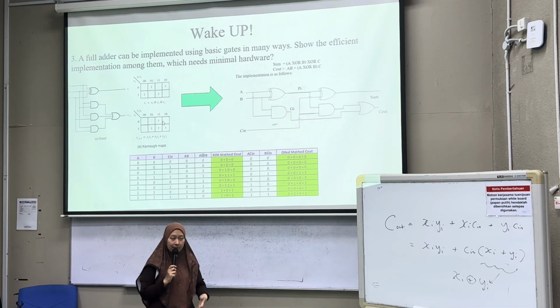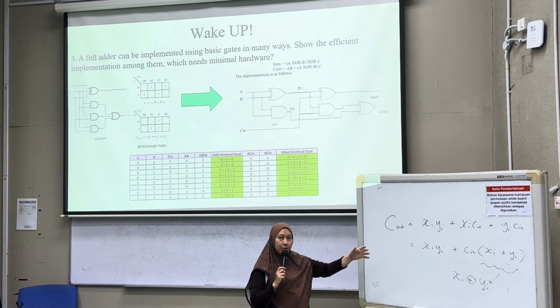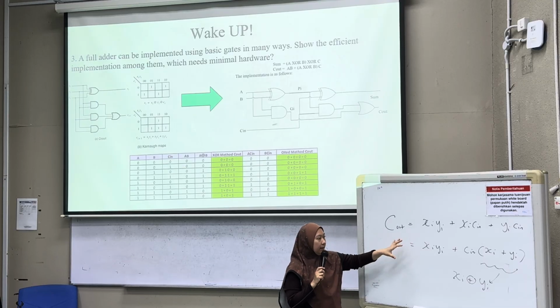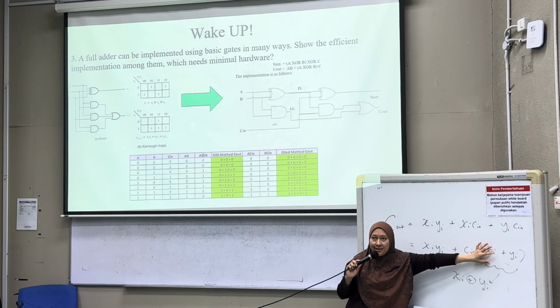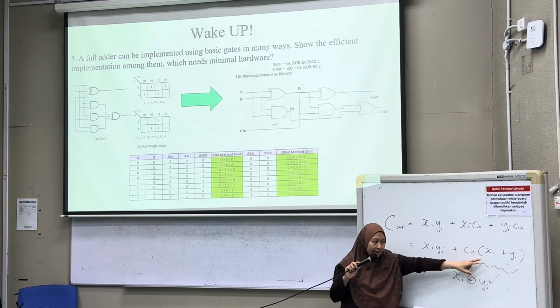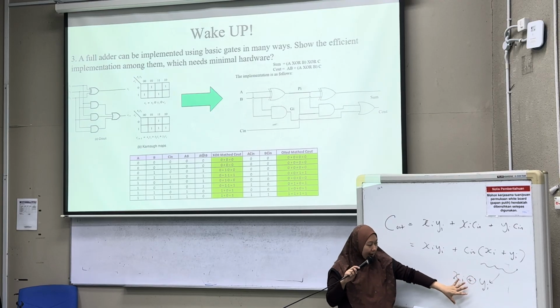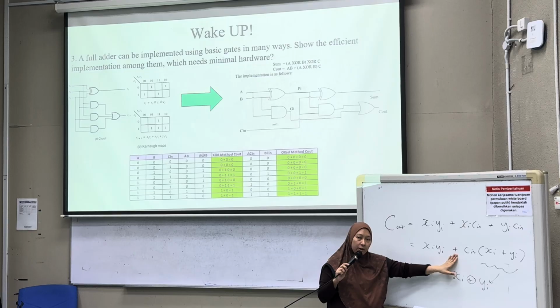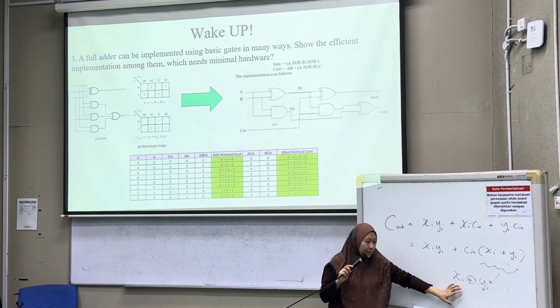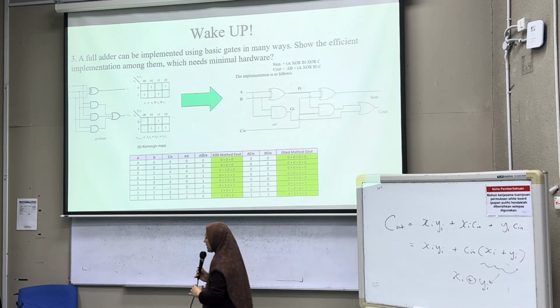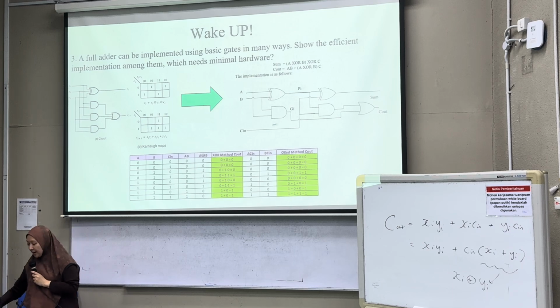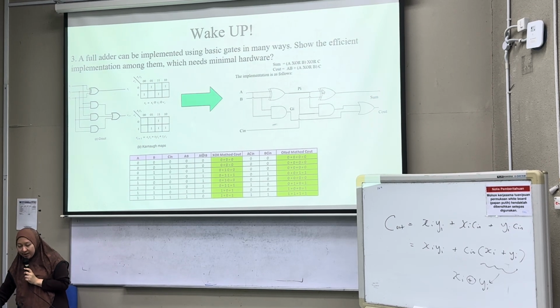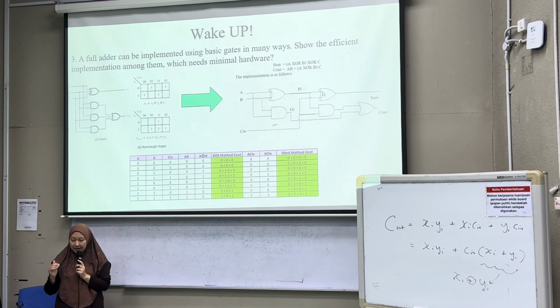But I'm just telling you that there's another way to implement a full adder in which you can replace this OR term with an XOR term. So you've got AB ORed with C in, ANDed with this XOR expression. By having that, I'm lessening the number of gates.